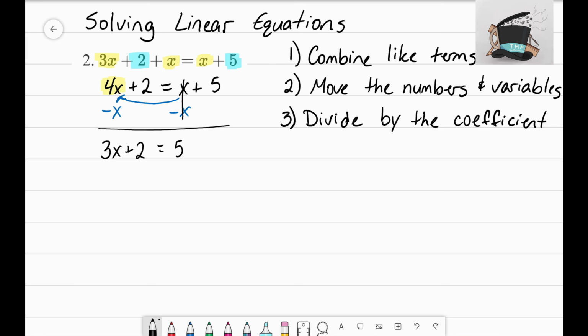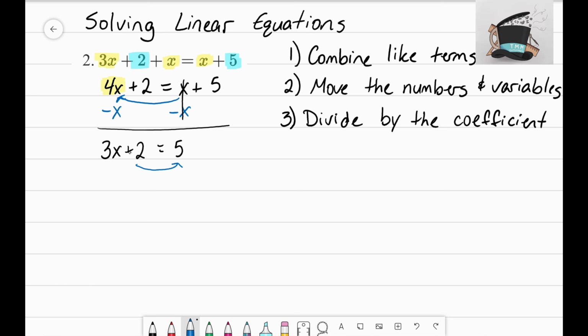Now that I've moved the variable, I want to move the numbers over. So since I decided to take my x and move it to the left side, I want to take my number plus 2 and move it to the right side. I don't want to take 5 and move it over to the left side because I don't want them all on the same side of the equal sign. We want variables on one side, numbers on the other side.